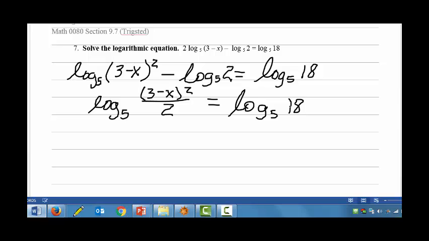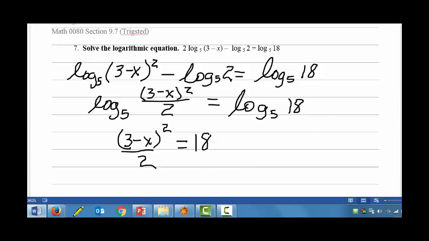And at this point, I have exactly one logarithm on the left, exactly one logarithm on the right. I can actually set the inputs equal to each other. The only way these two logs are going to be equal is if what's inside of them is equal. So the square of 3 minus x over 2 has to equal 18.